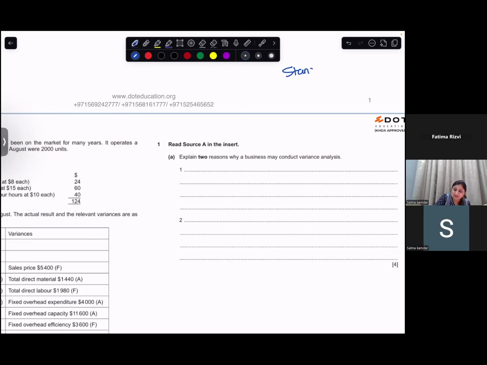So when you talk about the standard budget, you have two types of standard budget. One is master budget and one is flexed budget. What is a master budget? Master budget is standard rate with standard quantity. It's all estimated.